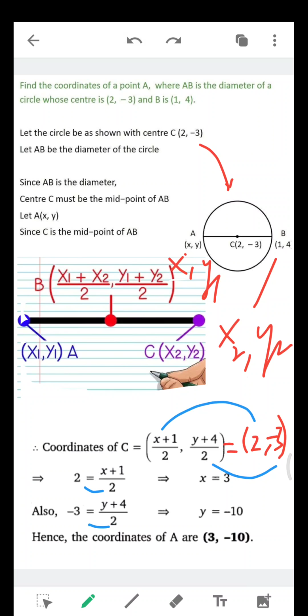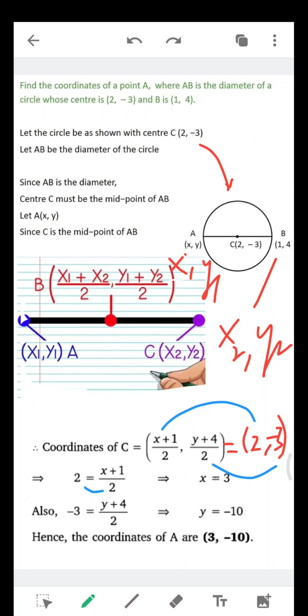So here I have done directly. You can write step by step also. Because if these questions are asked in 2 marks, you can go directly. No need to waste your time in writing all the steps. Okay, so this is the way we find the other end of the diameter, by using midpoint formula.